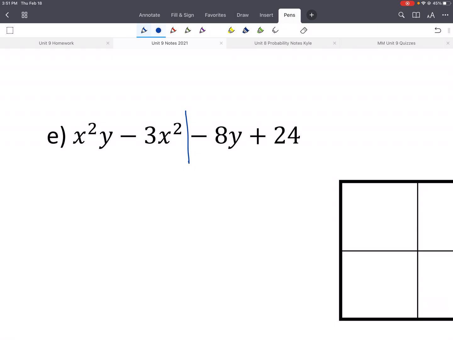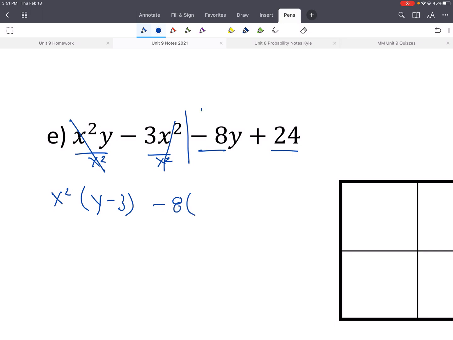Okay, and we'll do grouping one again. So we'll cut it in half. There's no greatest common factor in this case. So we will say, what's the greatest common factor for the left side? It looks like we could take out an x squared. Okay, that will just cancel, and all we'll have would be y minus 3. And on the right side, for the numbers, it looks like we could divide everything by a negative 8.